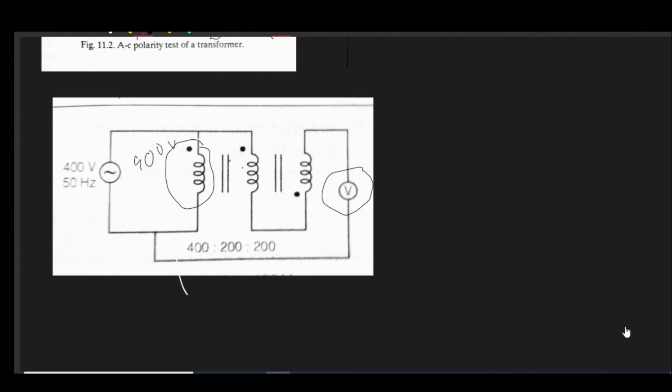Now if you consider these two windings, they are in additive polarity, and the voltage drop across them is 200 volt and 200 volt, so if you add these, the total voltage drop across this will be 400 volt.